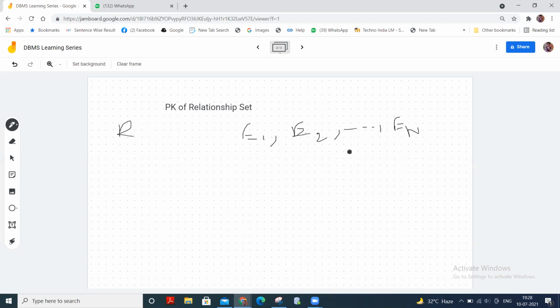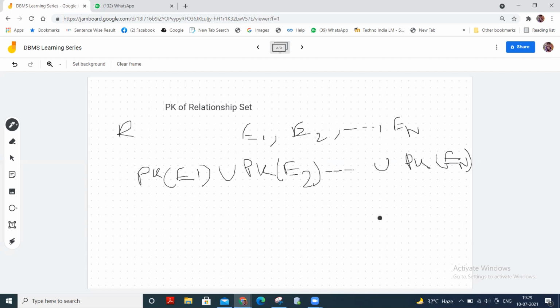If R has no attributes associated with it, then the set of attributes, meaning primary key of E1 union primary key of E2, in this way a continuous union up to primary key of En, describes an individual relationship in set R.